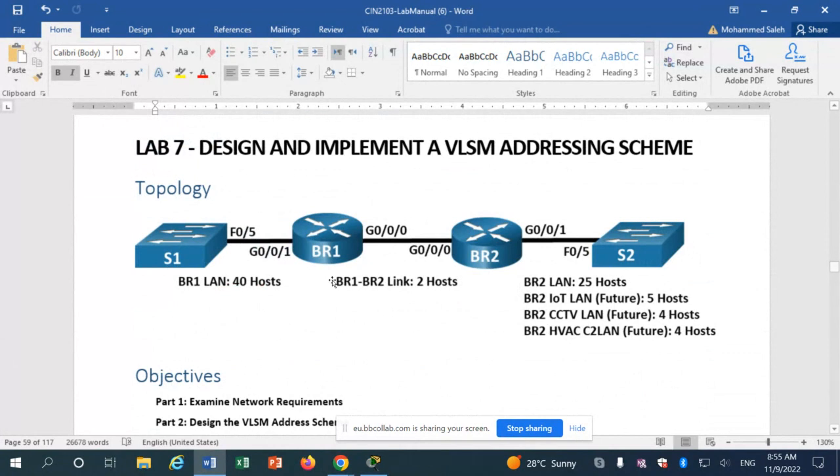So this is BR2. This is BR2 IoT, right? This is IoT. And the second one is what? CCTV. The third one is what? HVAC LAN.